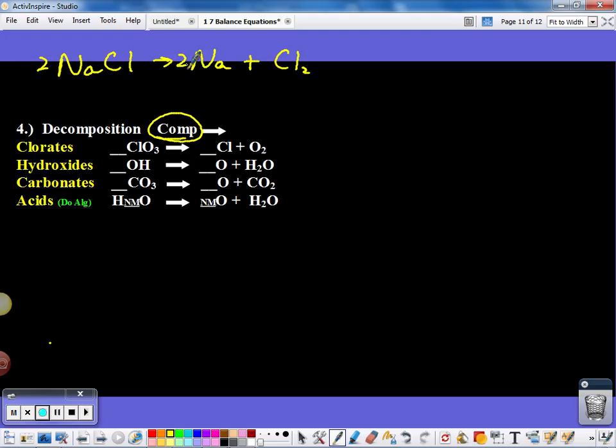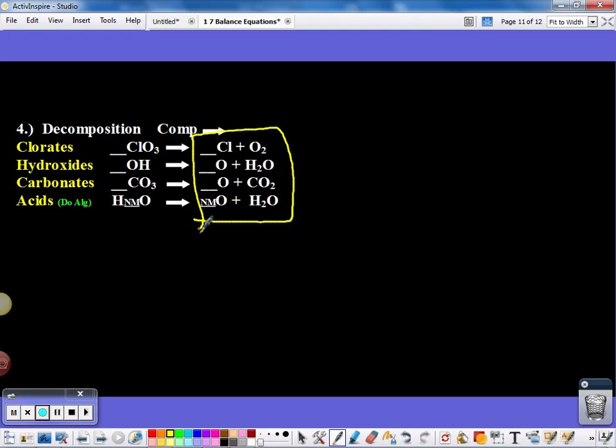Now, when you have these special exceptions, you have to memorize what's going to be produced. They are fairly intuitive in that if I have an H in the reactant, what do I have in the product every time? Water. So if you forget and it has an H in it, water.